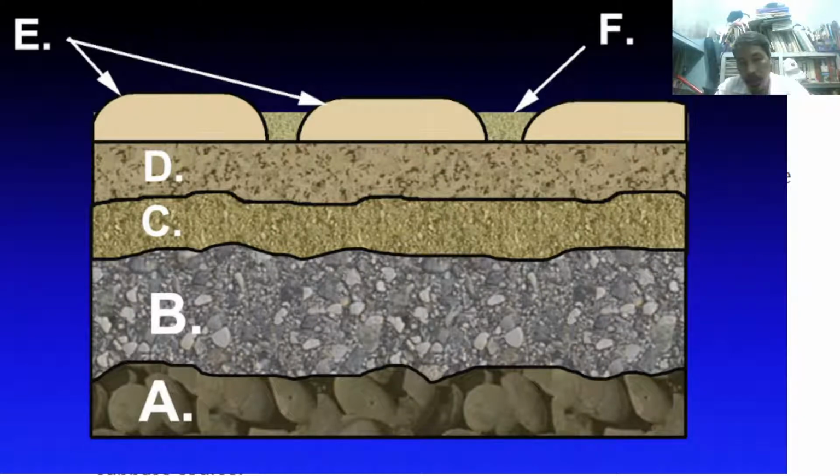Letter B, that is what we call sub-base. So A is subgrade, B is sub-base. Understood?